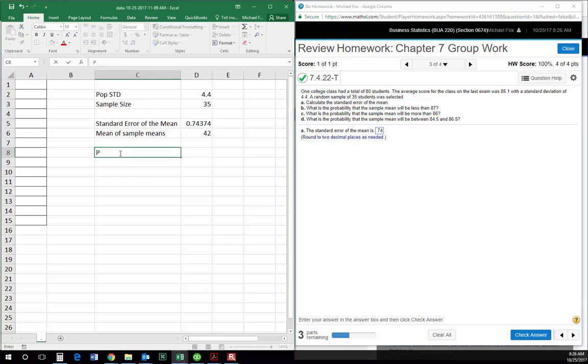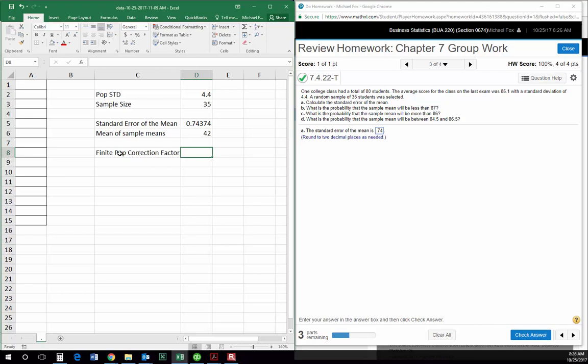I know it's a crazy sounding term, but the finite population correction factor is just what it sounds like. It's to correct for the fact that the finite population is going to skew things and make it a little bit too close to the mean.